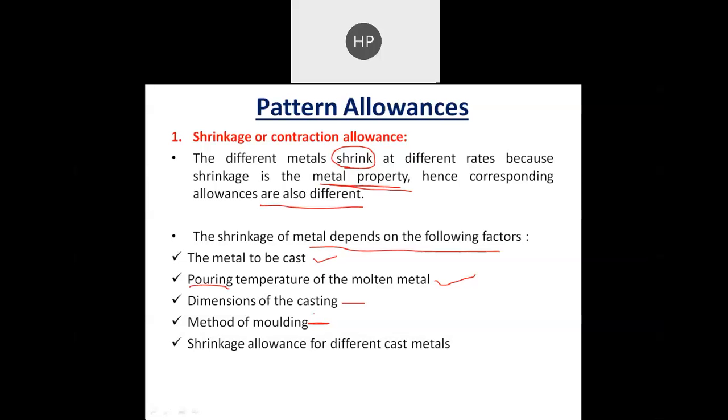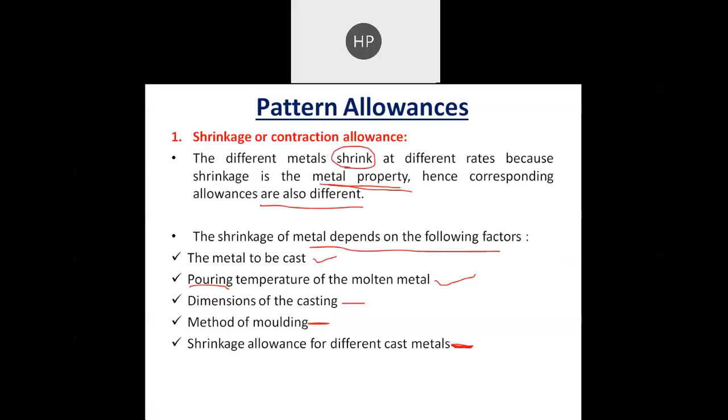So in that case the shrinkage will be different. That's why we have to see what method of molding we are going to use, and the shrinkage allowances for different cast metals. What kind of material we are using, and depending upon that we have to take the shrinkage allowances for the casting. So these are some of the criteria on which the shrinkage of metal depends.